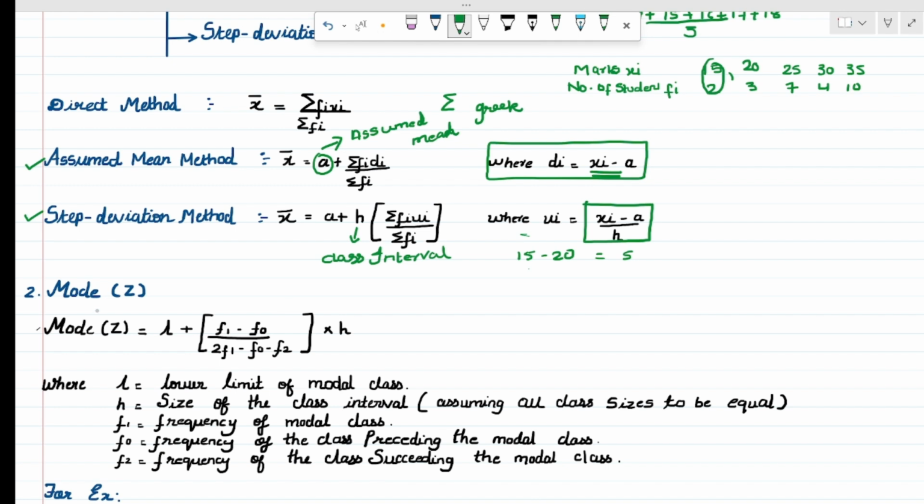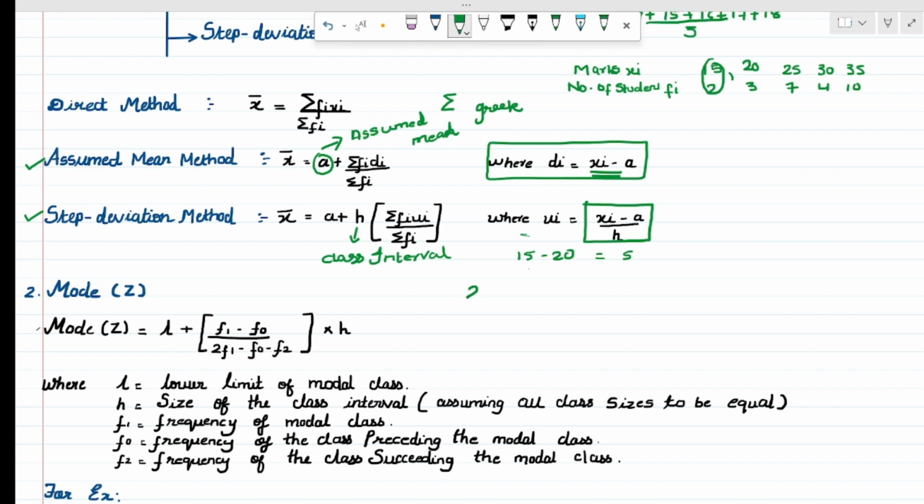Now the second measure is called mode, and mode is denoted by z. We know that mean is denoted by x bar and mode is denoted by z. Let us recall that the mode is the observation which is repeated most often.